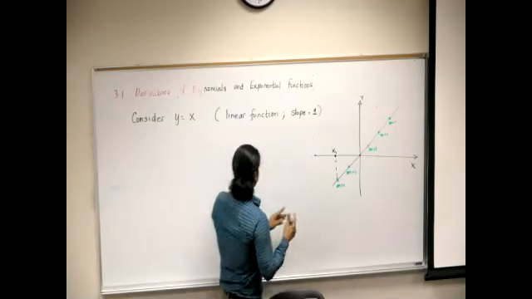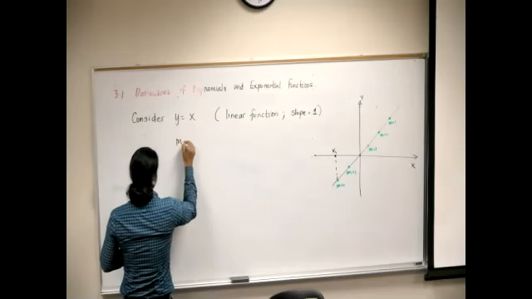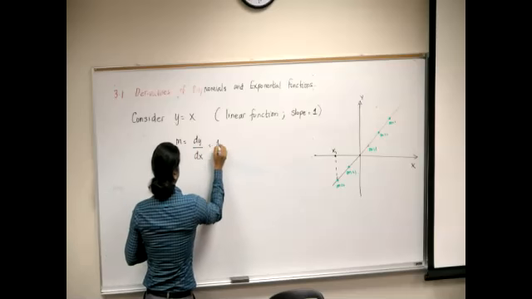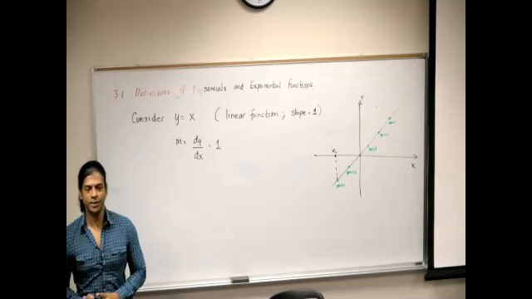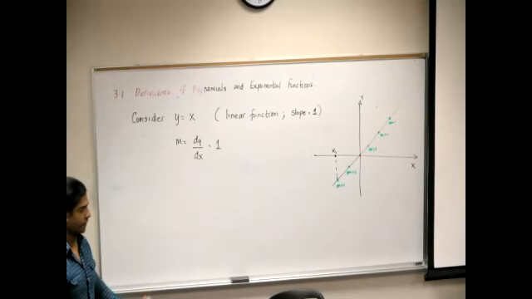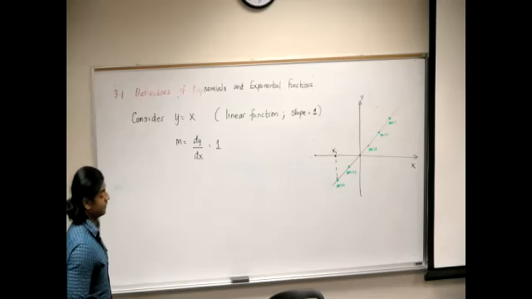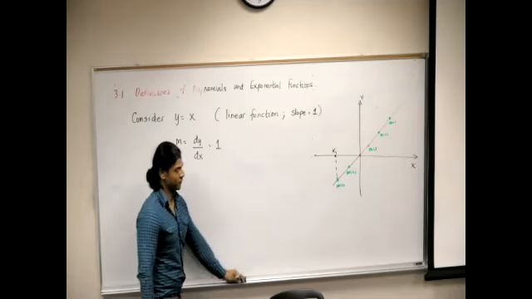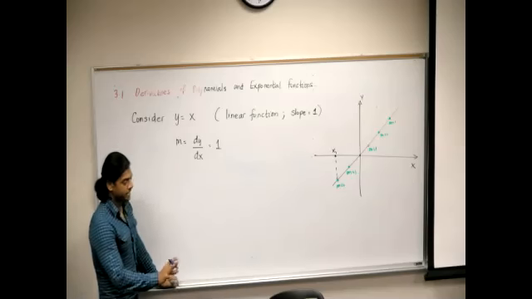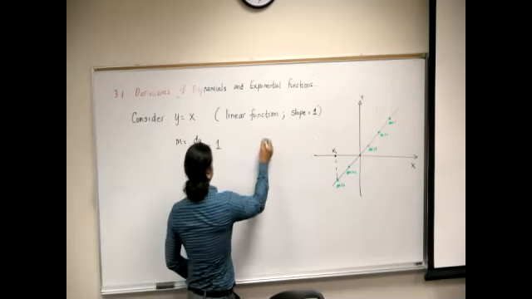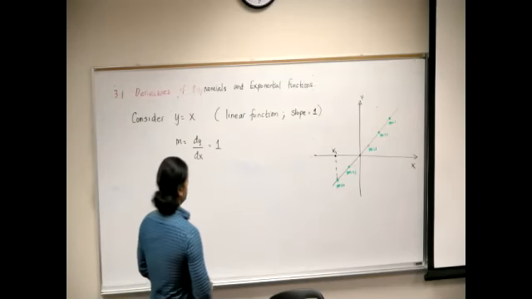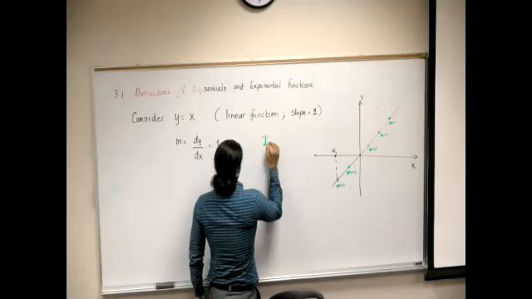So simply put, for this function, dy over dx is 1. Now what I'm going to say next is also informal, but an easier way to remember. After understanding derivatives, you should not repeat this at all.